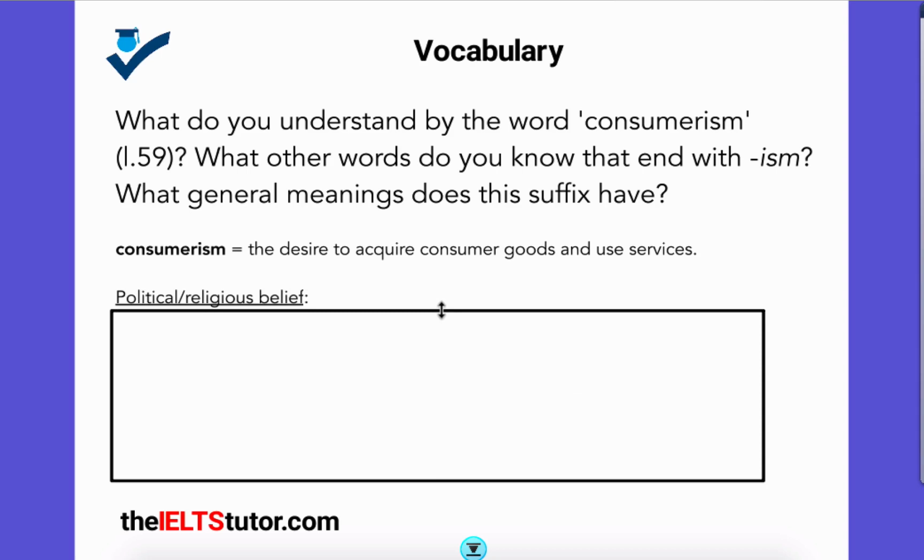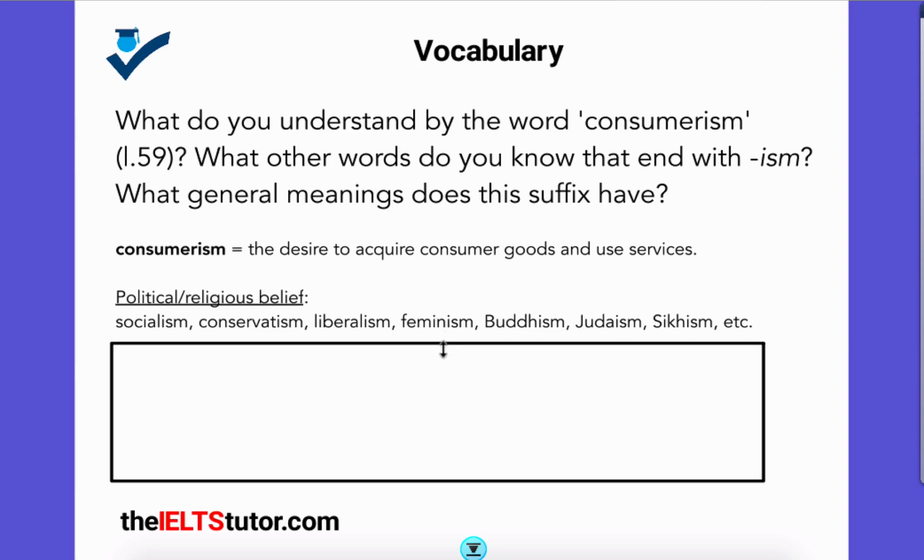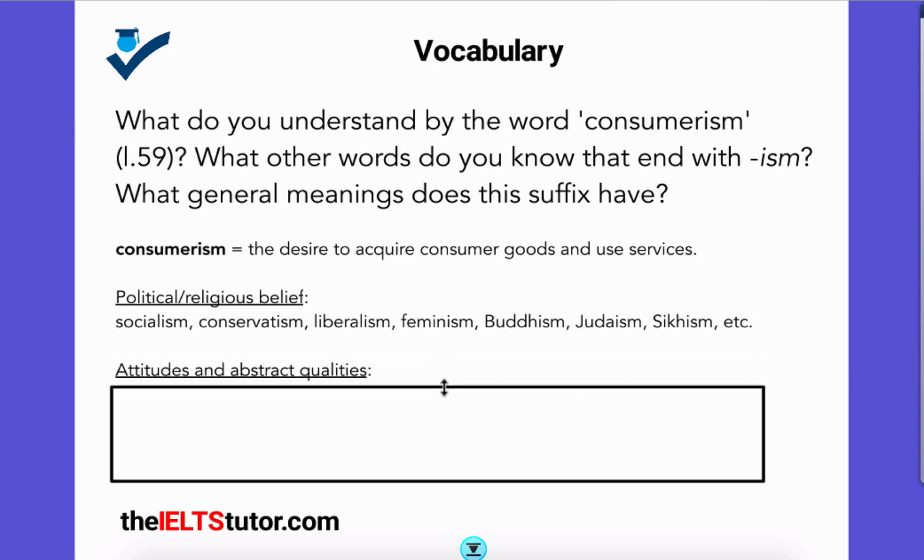We could classify ism according to political or religious belief. So we've got political beliefs like socialism, conservatism, liberalism, feminism, and then we've got the religious beliefs like Buddhism, Judaism, Sikhism, etc. You can also classify them according to attitudes and abstract qualities.